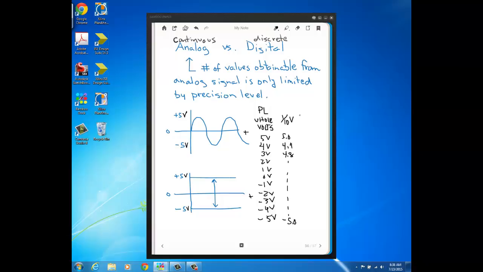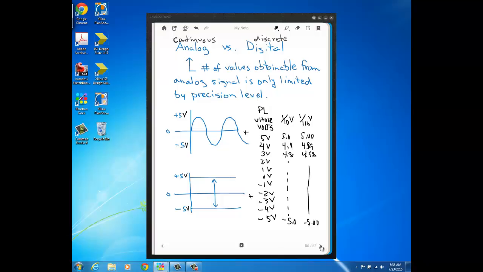And if my precision level was even better, hundredths of volts, well, I could have 5.00, 4.99, 4.98, all the way again to -5.00. So clearly, the better my precision, the more values that I can obtain from an analog signal.